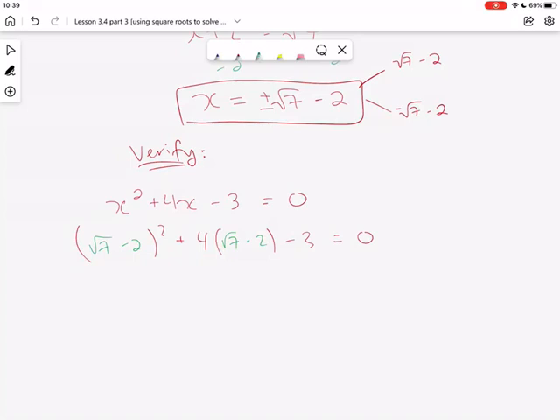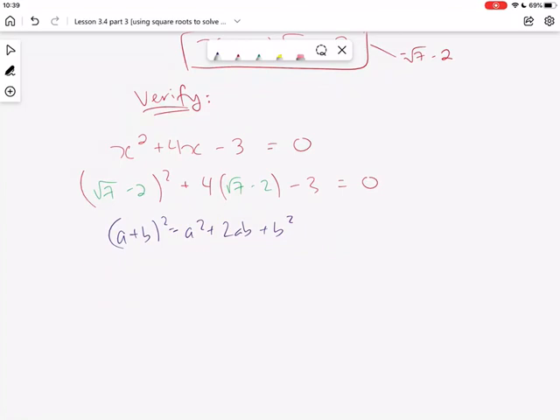So let's see if that guy equals 0. Now, we worked with radicals quite a bit, so this is where the radicals will come in handy now. Root 7 minus 2 all squared. Remember, this is the same as, sidebar, a plus b all squared is a squared plus 2ab plus b squared. Remember that? Okay, that's what's happening with this guy.